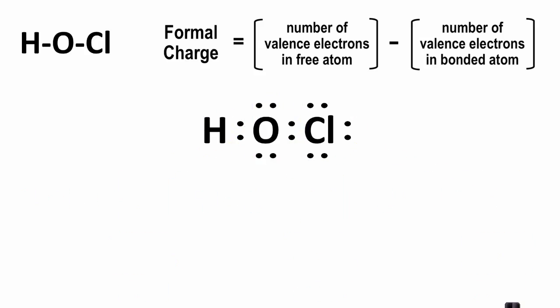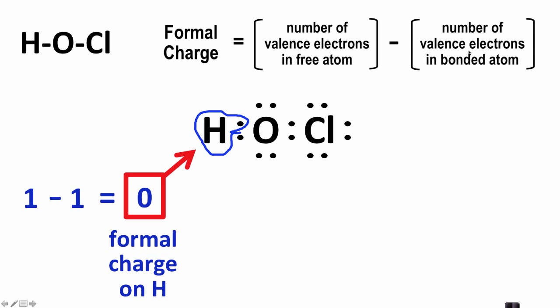Okay, so next we'll do HOCl, and we'll go through the same process. Hydrogen normally has 1 electron around it. It has 1 of the 2 electrons in the shared pair, so it has 1 electron in the bonded atom, and that's a difference of 0, so the formal charge on the hydrogen is still 0. Now oxygen normally has 6.